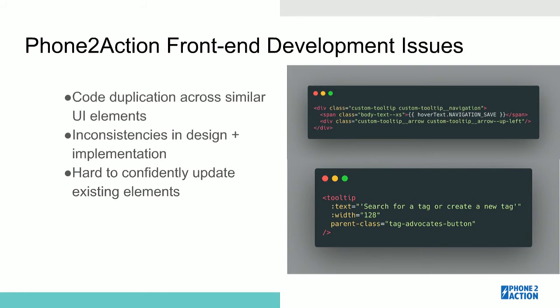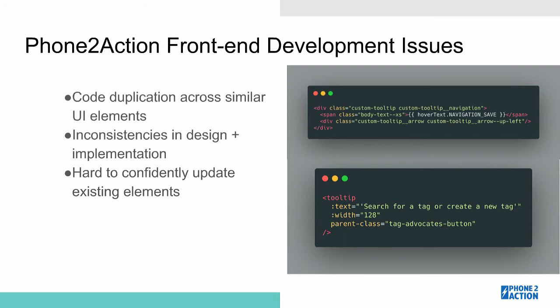We have seen some code duplication across different features of the site with similar UI elements, so maybe tooltips or modals or something like that showing up duplicated in different parts of the site. In those cases, we've also seen some small inconsistencies in the design, so how those things look and/or the implementation of those elements. So the code might look a little bit different in one place or the other.